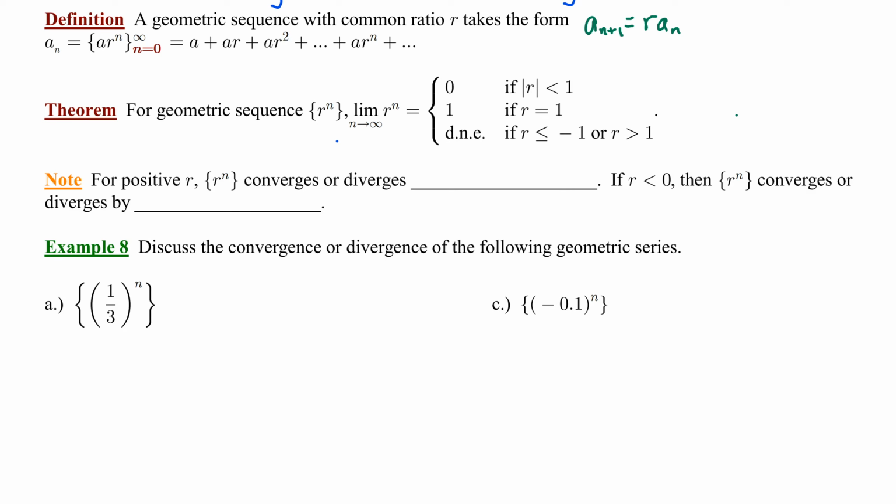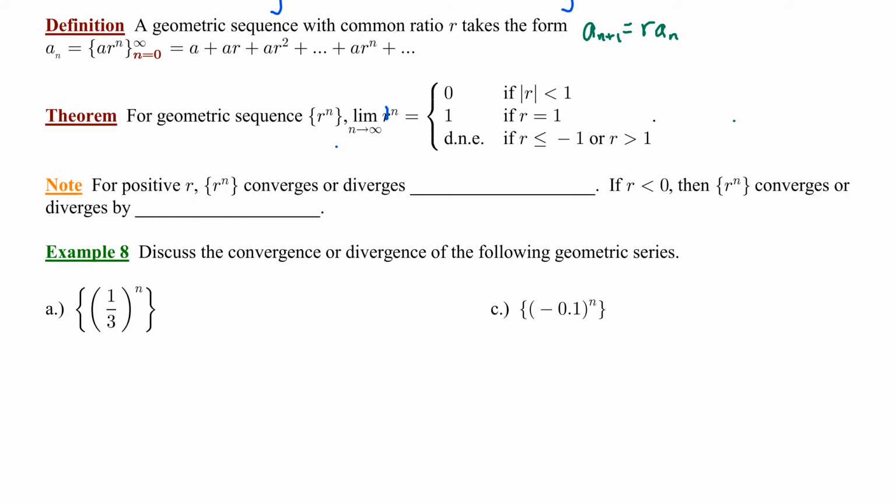So in a geometric series where the common ratio is a fraction less than 1, the limit is 0. If the base is 1, since 1 to any power is equal to 1, then the limit will be 1. And here's the case that's set apart. If r is either less than -1 or greater than 1, then this limit does not exist.